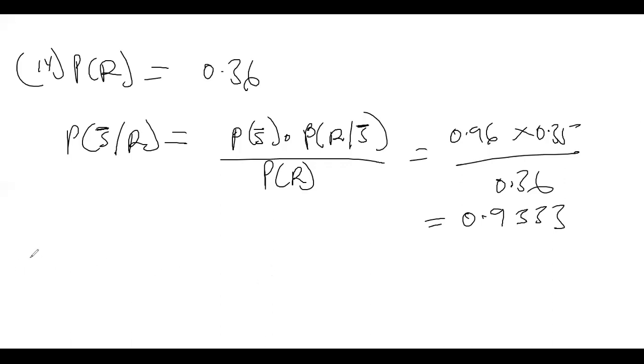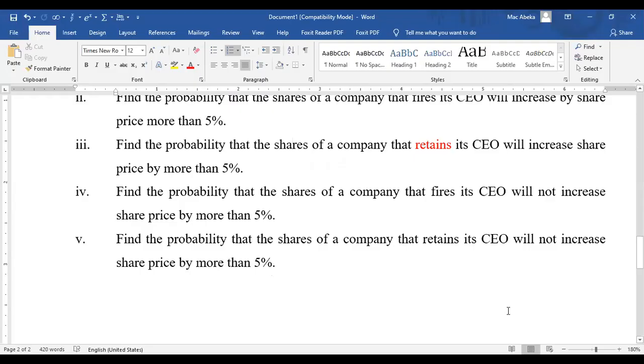Then finally, the question says to find the probability that the shares of a company that retains its CEO will not increase share price by more than 5%.